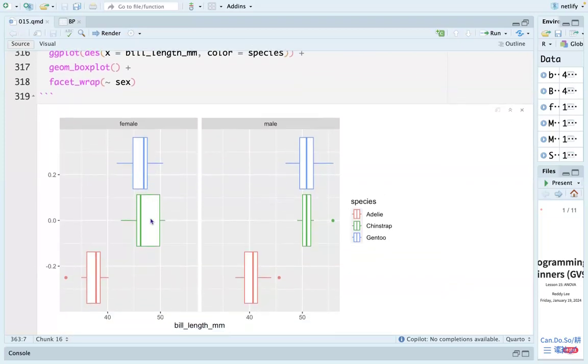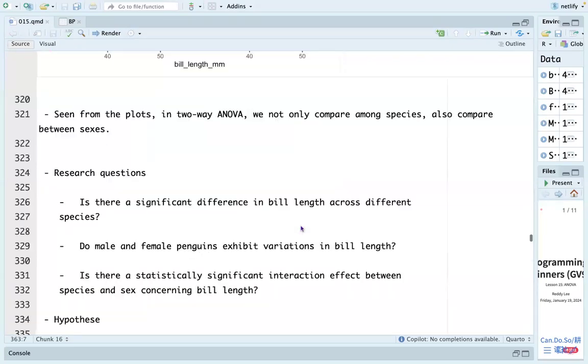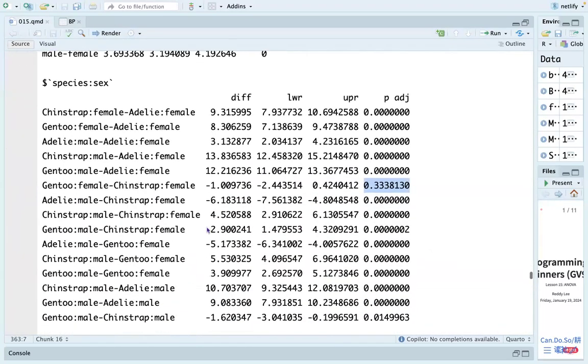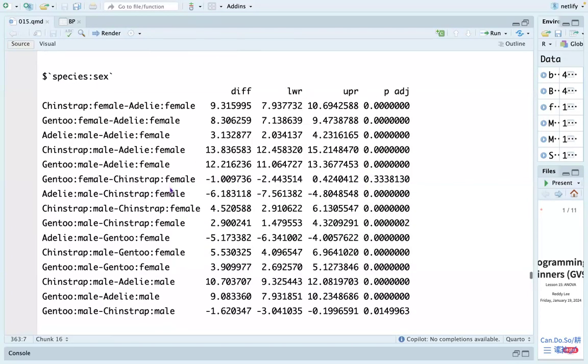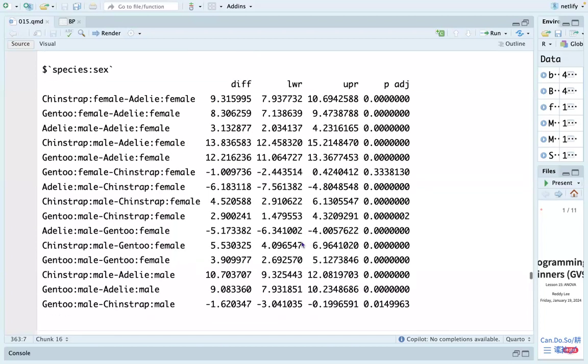In this case, these two look a little different, and these two look quite similar. So this should be male.